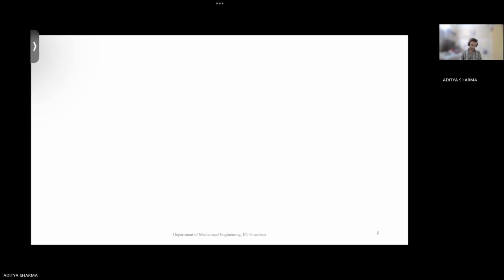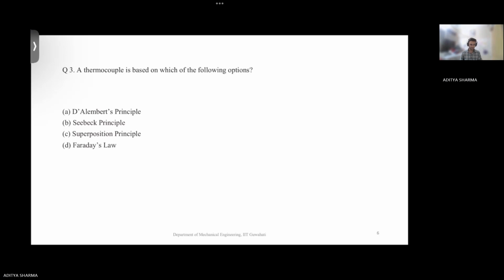Then third question is there. Third question says that a thermocouple is based on which of the following options?